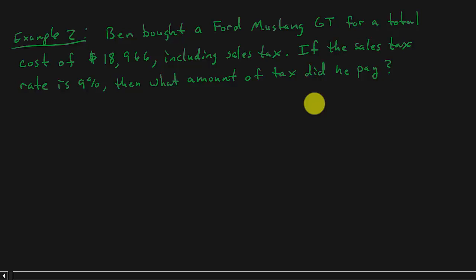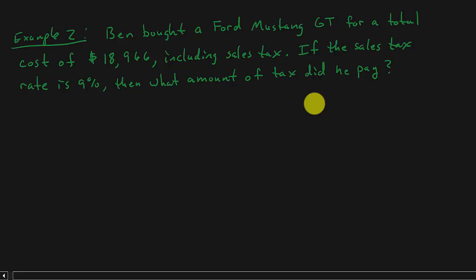All right, so it says Ben bought a Ford Mustang GT for a total cost of $18,966, including sales tax. So that's the cost of the car plus the sales tax.